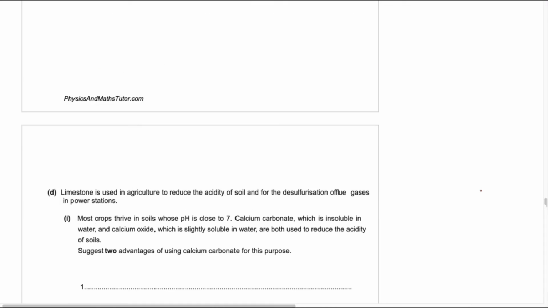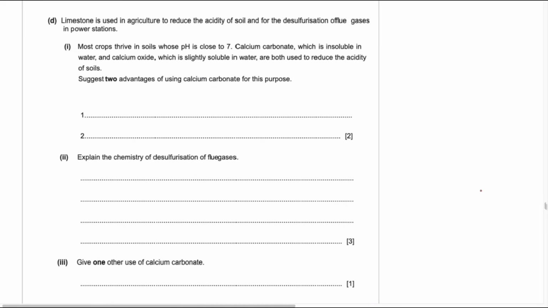Okay, so 2 marks question. Now let's see here, D. Limestone is used in agriculture to reduce the acidity of soil and for the desulfurization of flue gases in power stations.